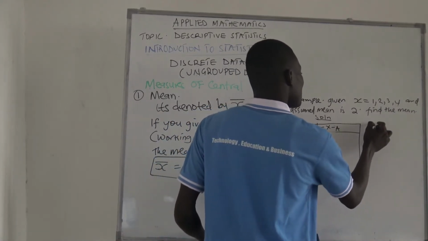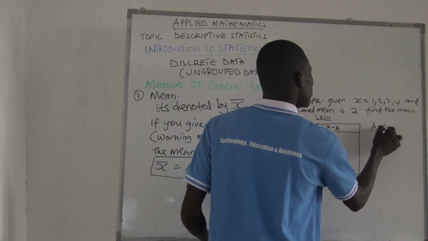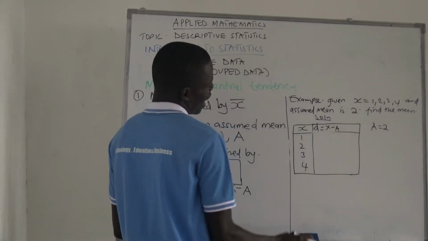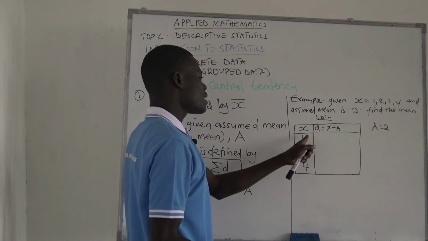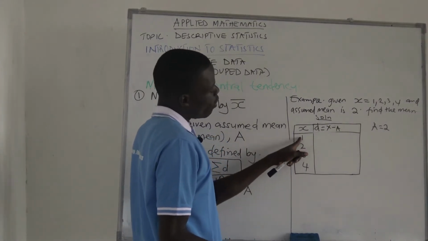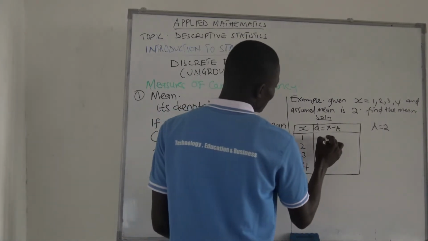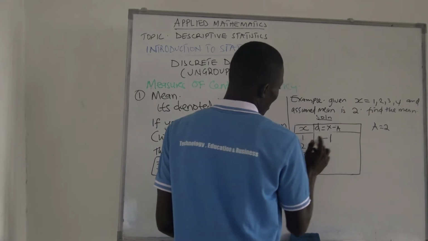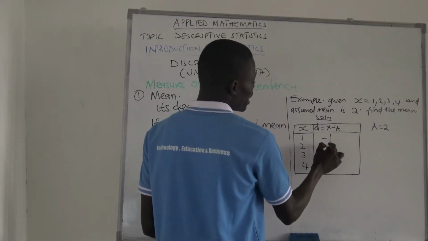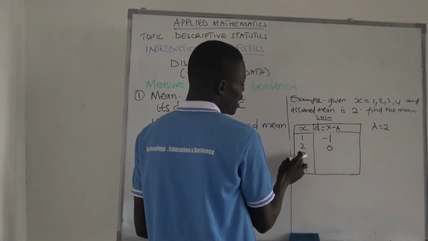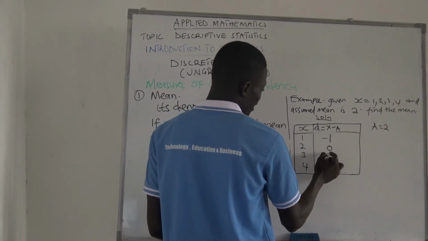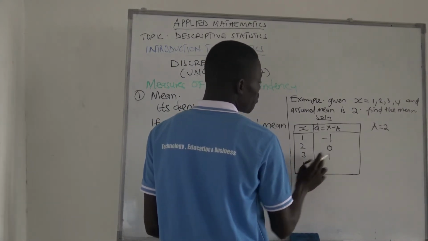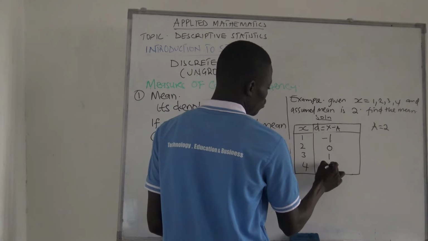But we know that our a equals to 2. So if you get x minus a, you start 1 minus 2, you get negative 1. 2 minus 2, you get 0. And then 3 minus 2, you get 1. 4 minus 2, you get 2.